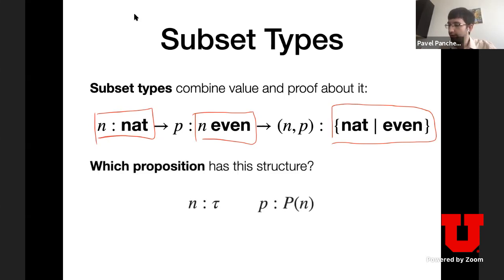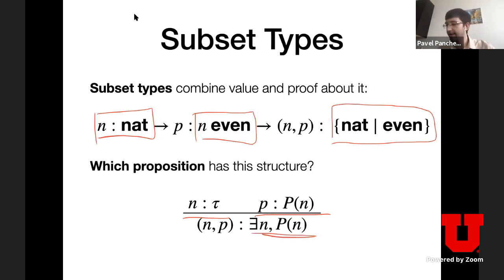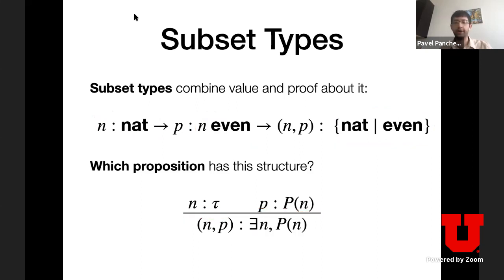In other words, we want some kind of n in tau and some proof of a property about n. Well, the natural logical proposition that has this structure is what we call there exists. It's an existential. An existential packages together a witness and some proof that the property applies to that witness.